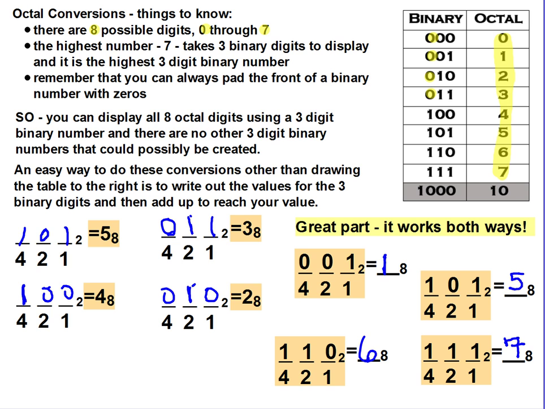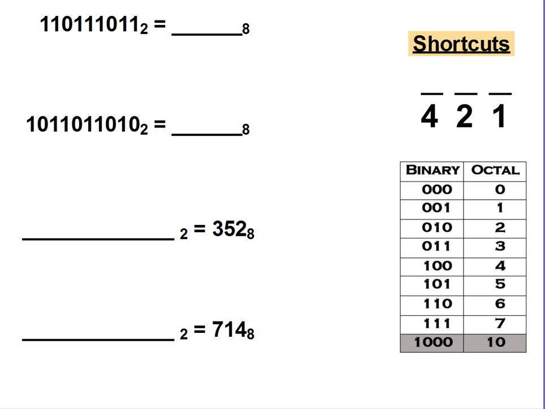So how does this make it quicker? Well, if you have a larger binary number like this, I just go through and chunk this into groups of 3, and then I can write my 1, 2, 4 down at the bottom, and repeat it, 1, 2, 4, 1, 2, 4, and each of these is going to give me a different digit in my answer.